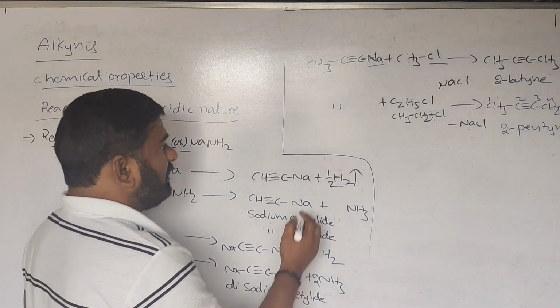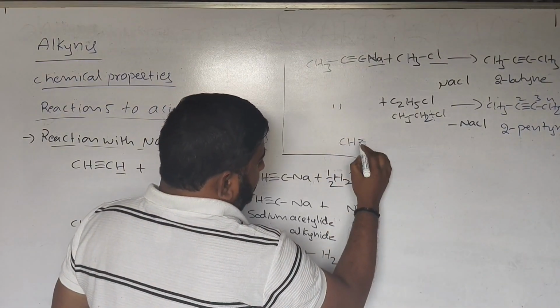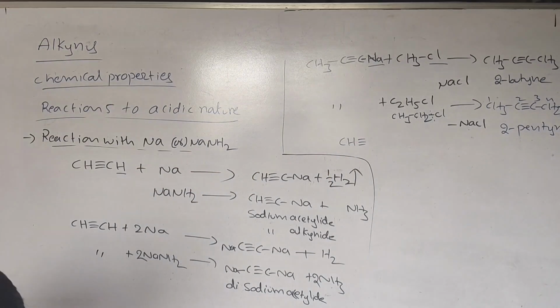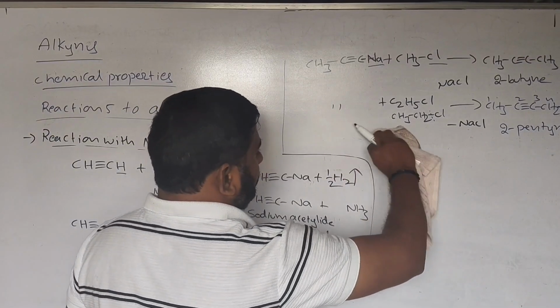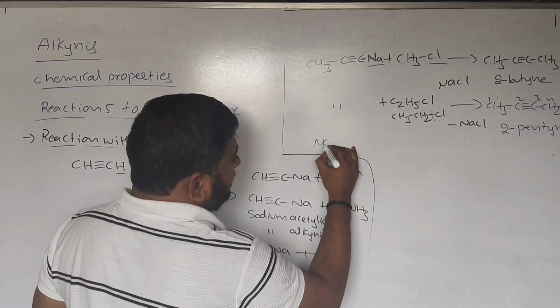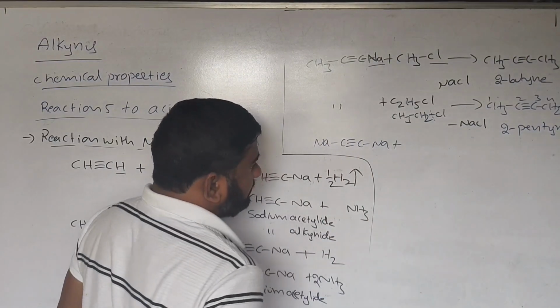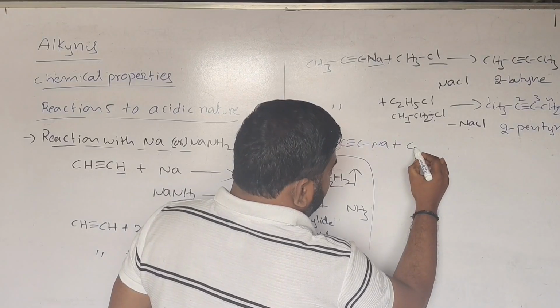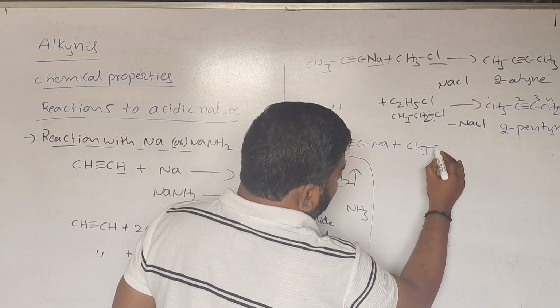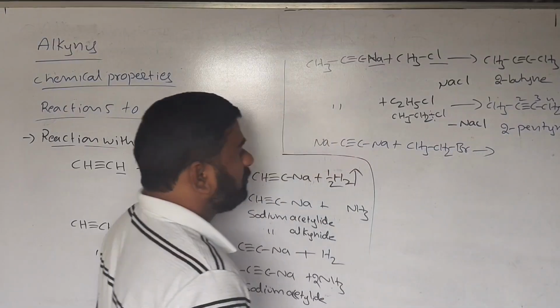Suppose you take disodium acetylide, Na C triple bond C Na, and react with ethyl chloride or ethyl bromide, not only chlorine, you can take bromide also.